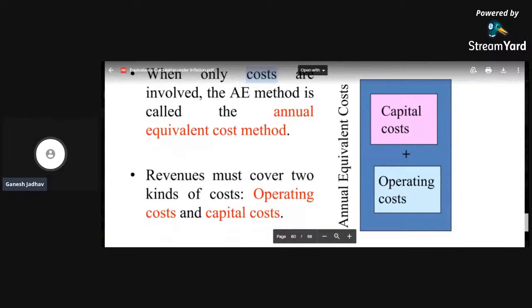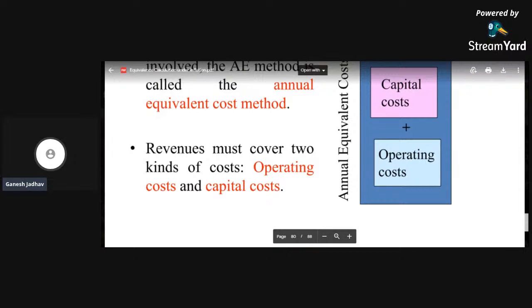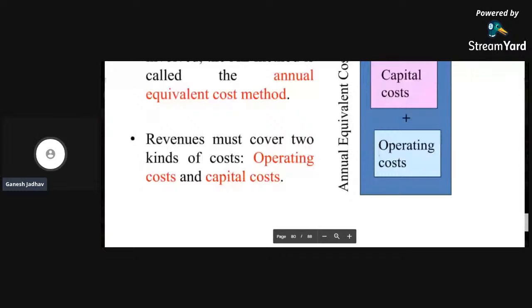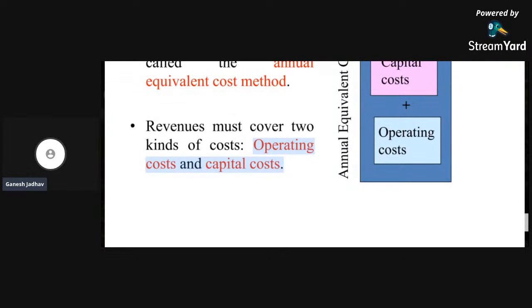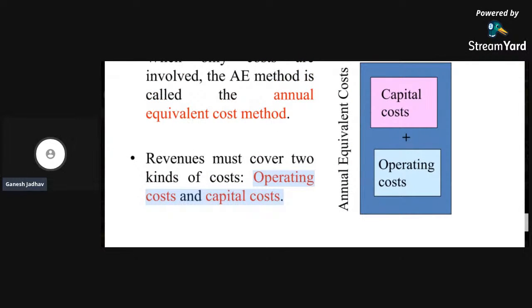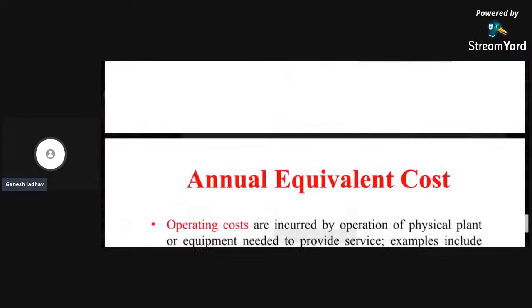Okay, so this is the example. You can say that annual equivalent cost. This is the capital cost and the operating cost also. Okay, another one is the revenue must cover two kinds of cost. Here is the operating cost and the capital cost also. Okay, so this is the example of the AE.